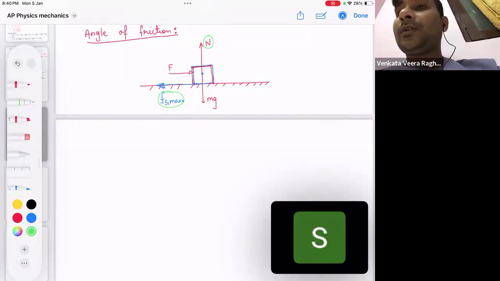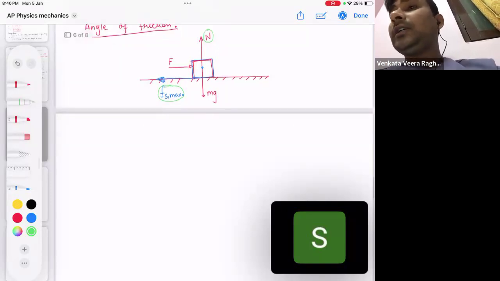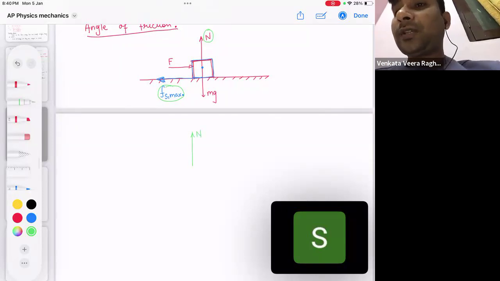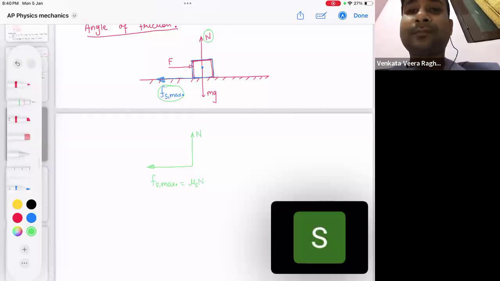So please tell me what will be the resultant contact force? If I draw the same diagram here and leave aside other forces, this is one contact force and this is the other contact force. What is this Fs max? The Fs max will come as mu s into normal, right?